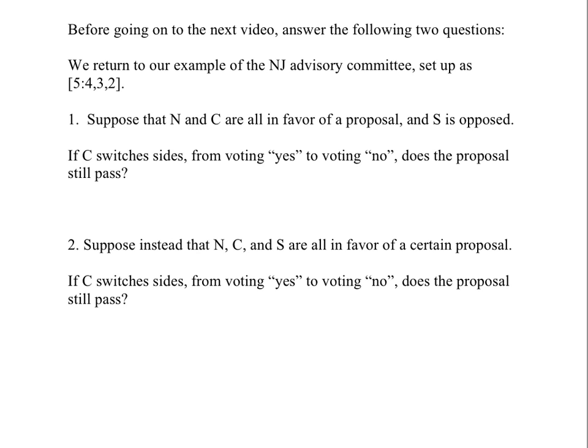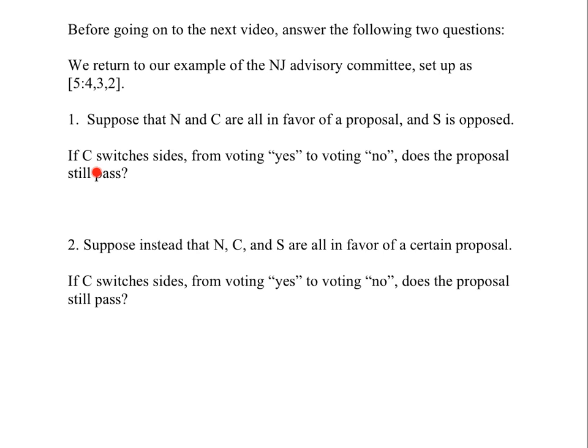Before going on to the next video, answer the following two questions. So we're going to return to our example of the New Jersey Advisory Committee set up as the weighted voting system with quota 5 and weights 4, 3, and 2. So suppose that Northern and Central Jersey, with weights 4 and 3 respectively, are both in favor, and S, the Southern New Jersey, is opposed.